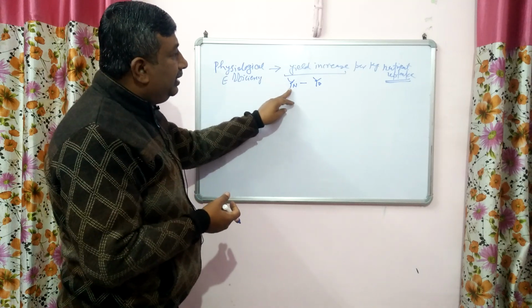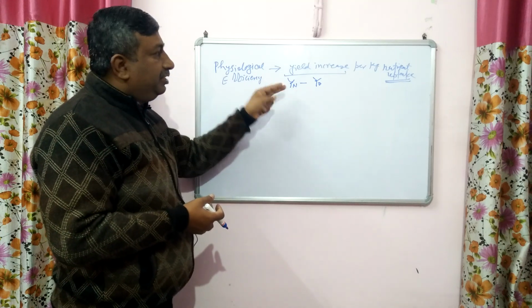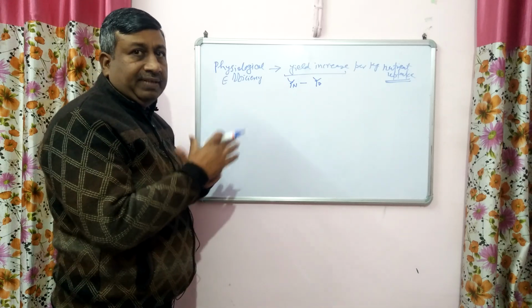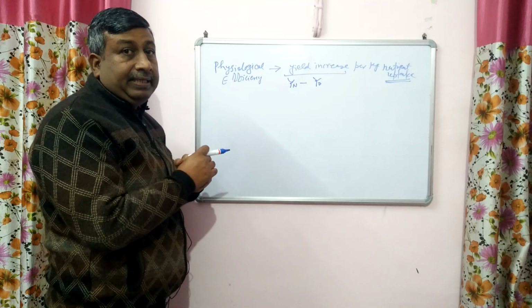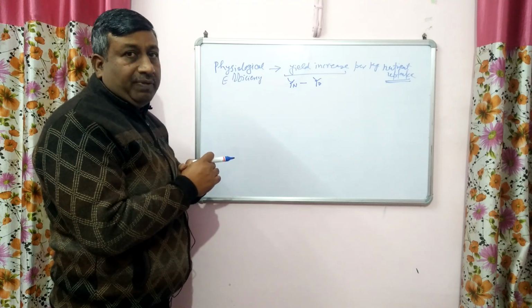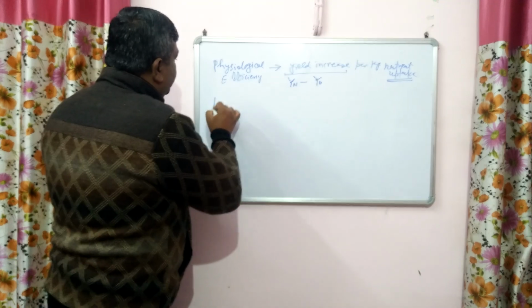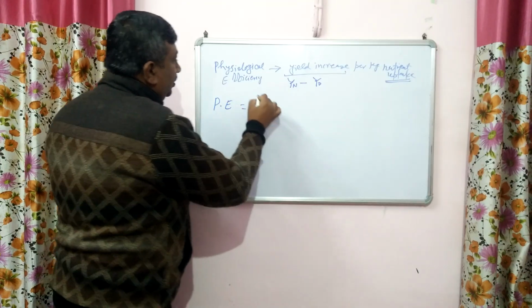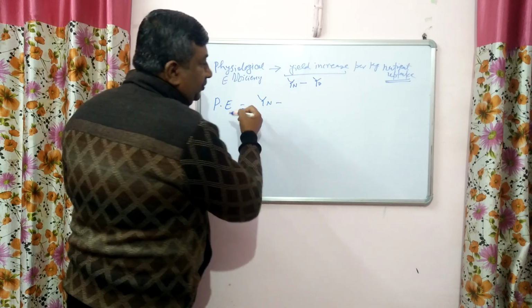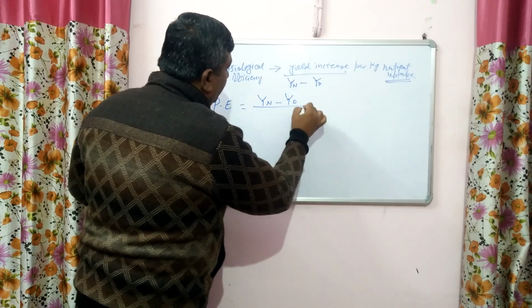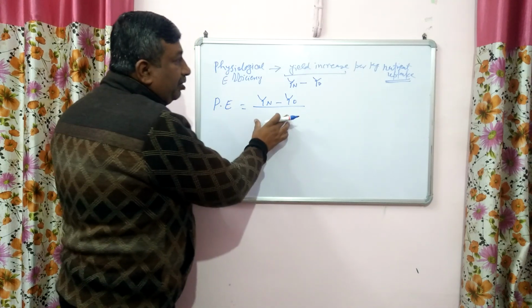So here the yield increase will be taken for the plots in which we applied fertilizer and in which we did not apply fertilizer, that difference. Okay, so this is the yield increase by the application of fertilizer per kg nutrient uptake. Okay, so physiological efficiency is yield in fertilized plot minus yield in unfertilized plot divided by nutrient uptake.